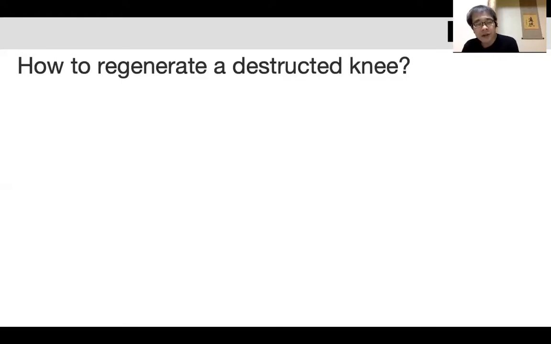So to have this presentation, I ask you, how do you think about total knee? The question is how to regenerate or reconstruct a disrupted knee. There are two ways to think about the reconstruction.